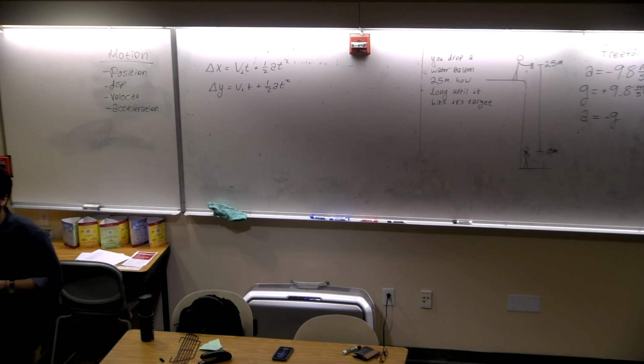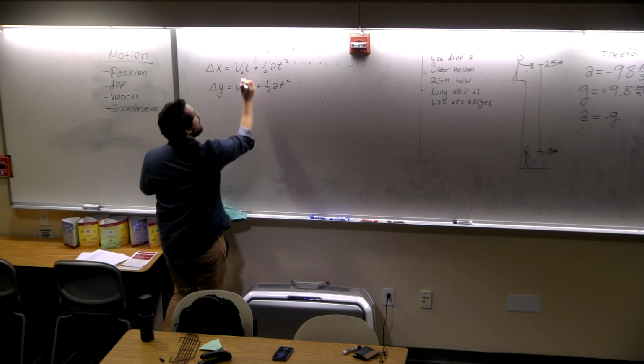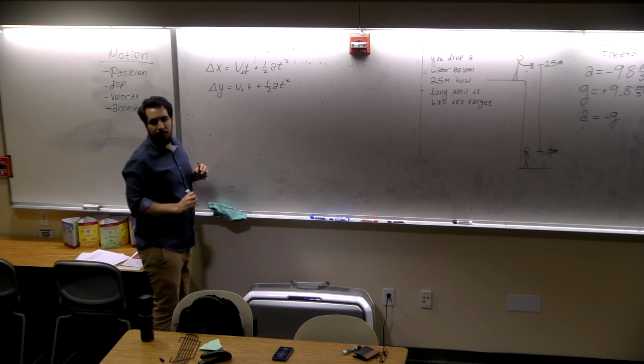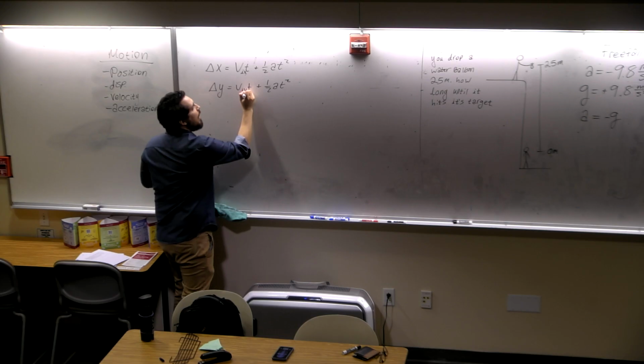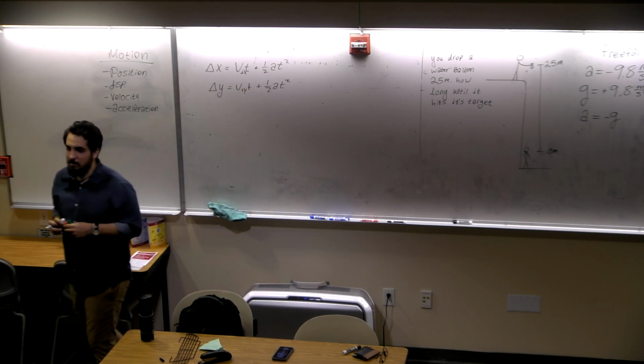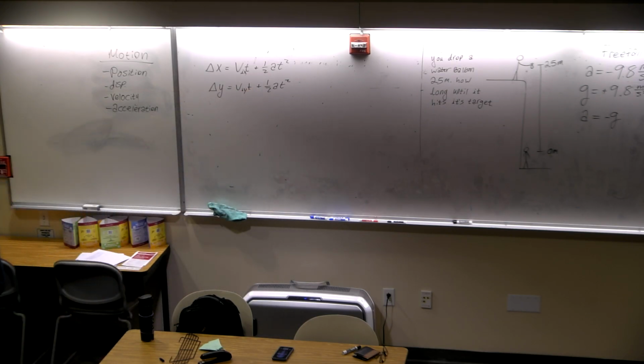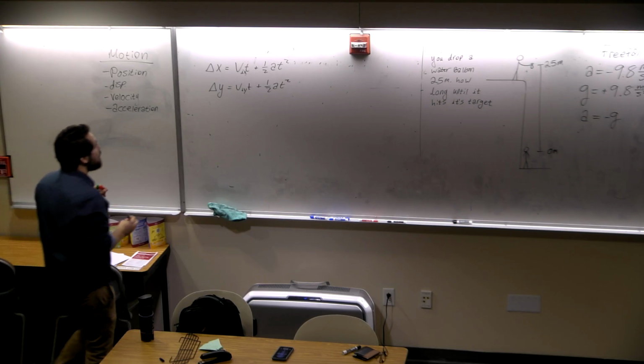Because in both of these equations we represent v initial, we want to be specific. We want to say this is our initial x component or our initial y component. So we might write our equations a little more carefully to denote that I'm specifically talking about the y component of our velocity or the x component. Same with acceleration.